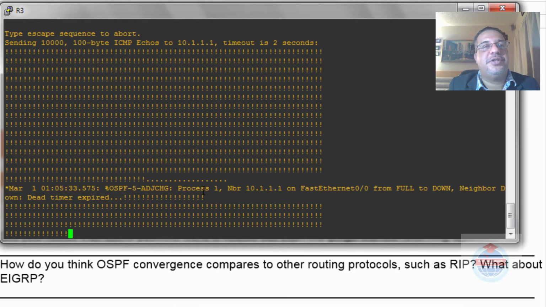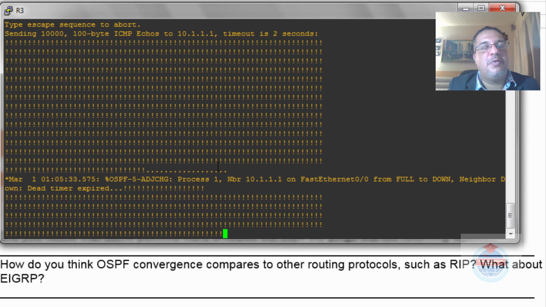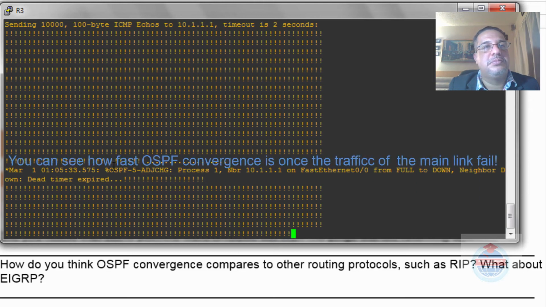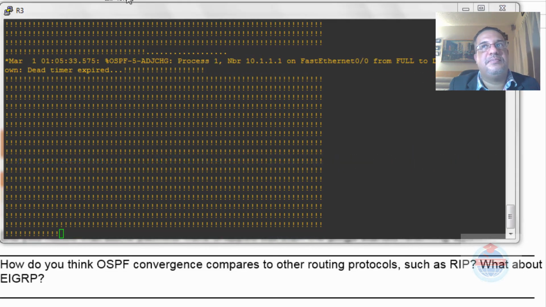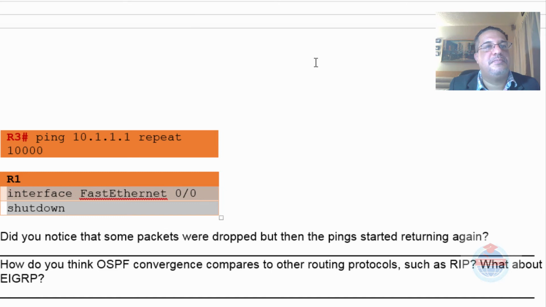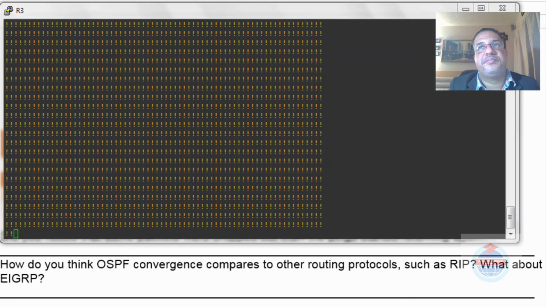You see this over here? It dropped, and it started running again. This happens because of the convergence. It looks for an alternative route to get to R1, besides the FastEthernet 0/0 that we mentioned previously. Isn't that sweet? It is pinging again one more time.